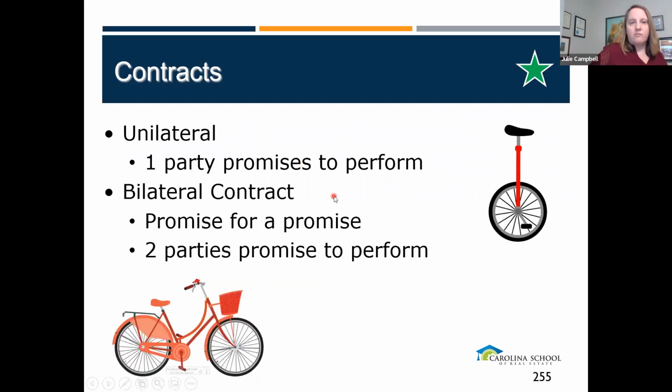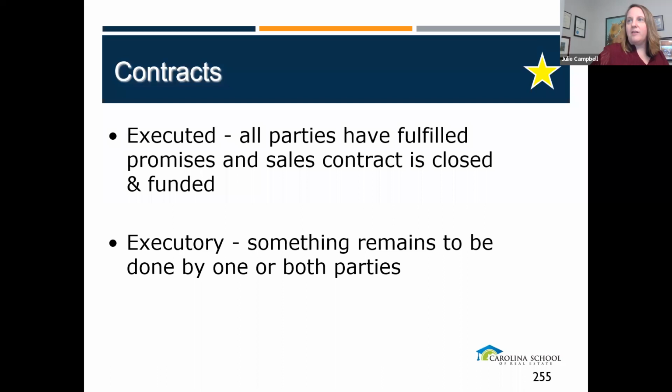Have you guys figured out yet in real estate, we like for one word to have several different meanings? You may also hear that an executed contract may also mean that it's been signed.